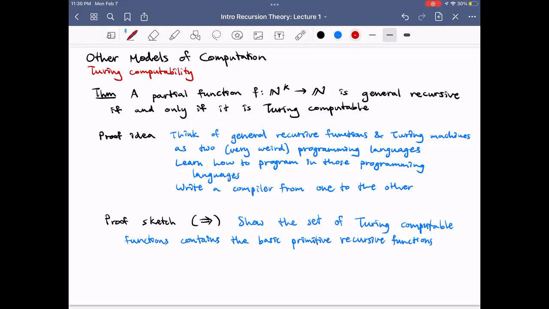So remember, those consisted of the constant functions, the successor function, and the projection functions.